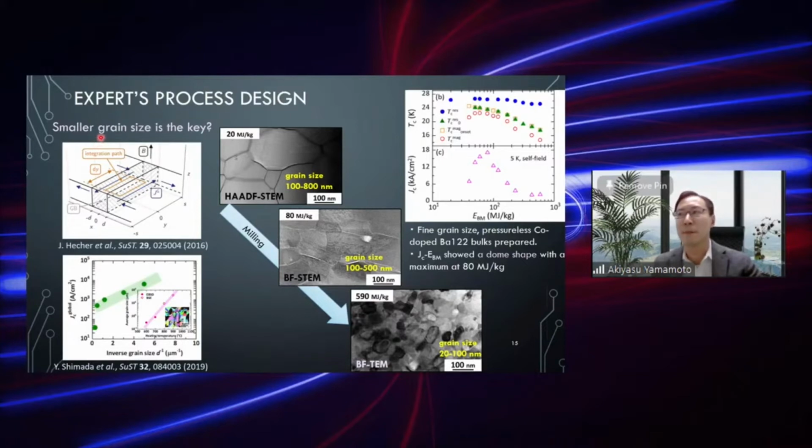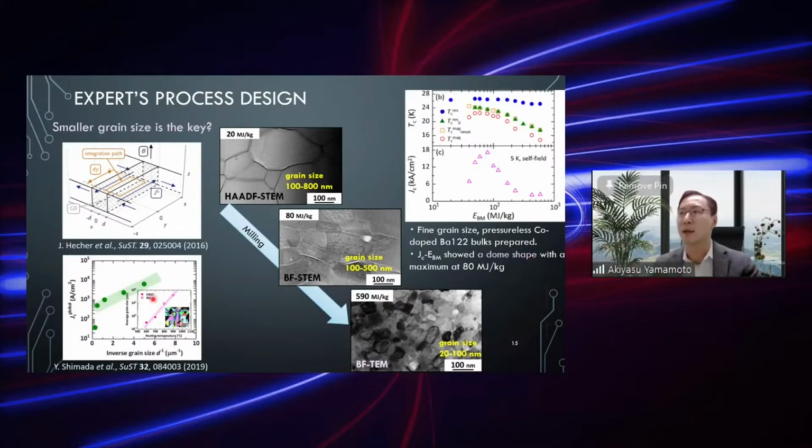The group in Vienna proposed such a Josephson junction model, and also Shimada of Tohoku reported such a relationship between JC and inverse grain size. So these show smaller grain size would be better for JC, theoretically and experimentally.